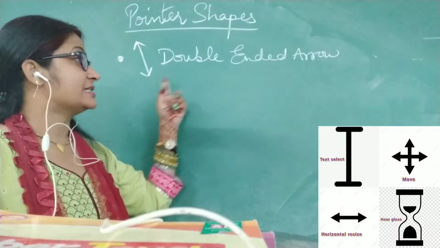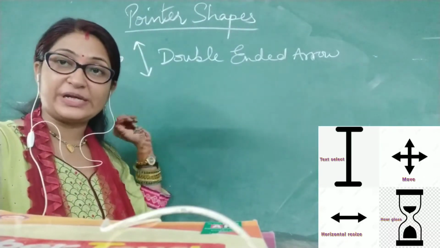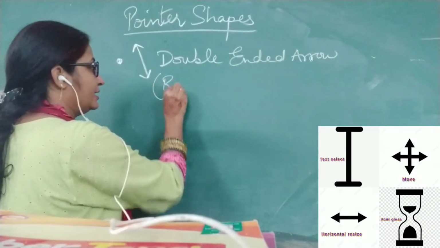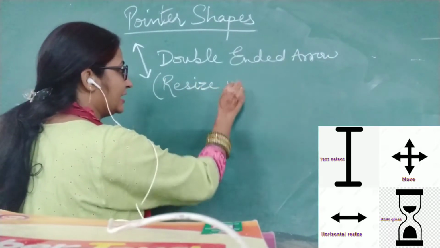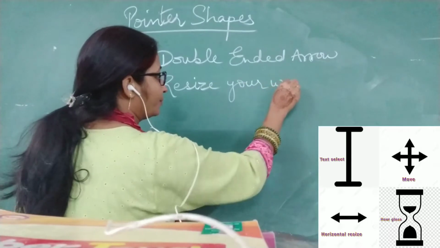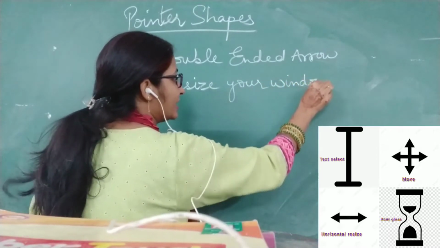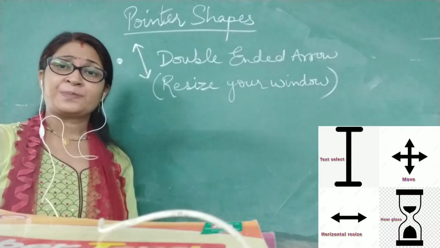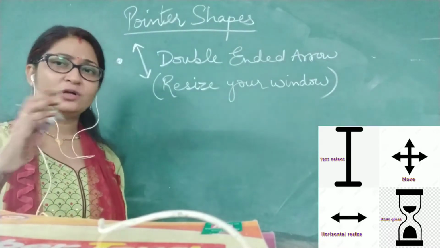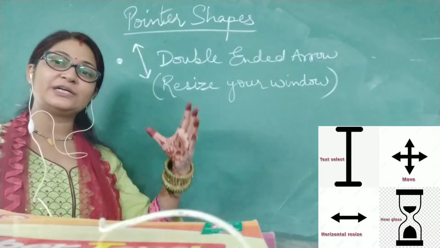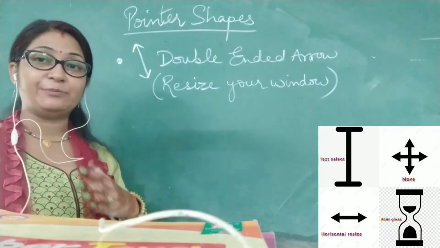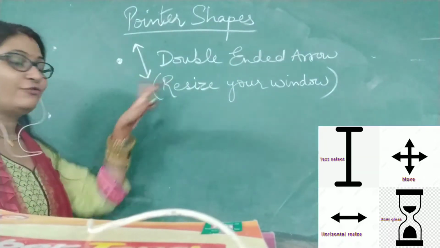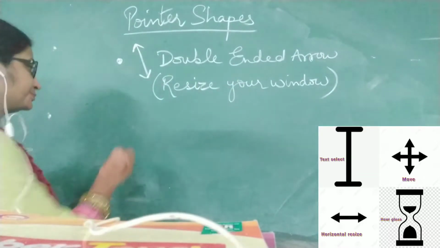Whenever you find such kind of arrow on your screen, it means that you can resize your window. It means you can enlarge it or zoom it out. So making your windows bigger or smaller, that adjustment can be done with the help of this double-ended arrow whenever you find it as your pointer.